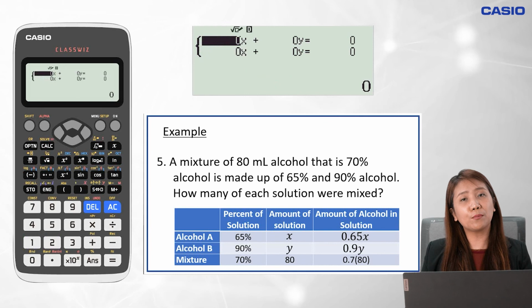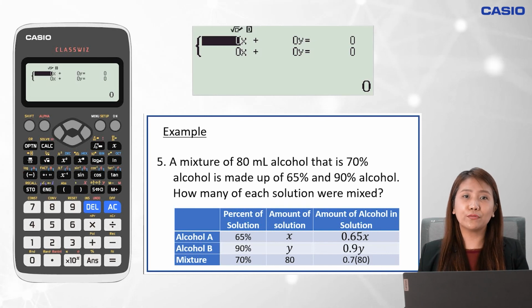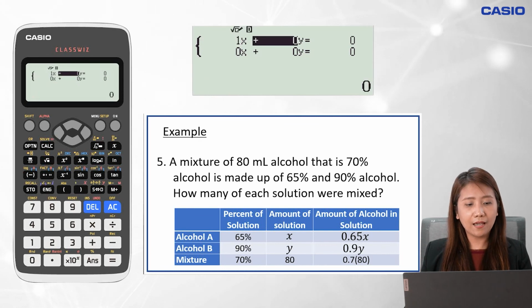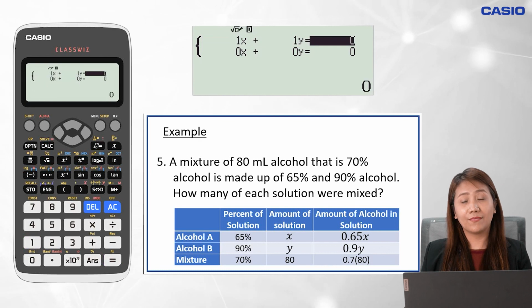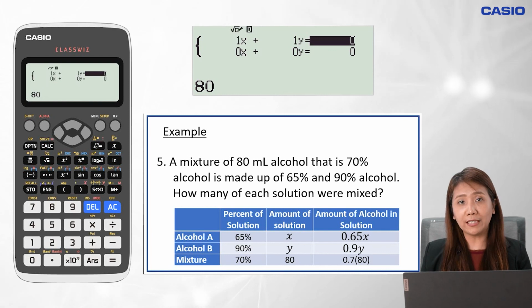Then, let's input the numerical coefficients and the constant term. Make sure that the equations are in standard form, which in this case they are. For the first equation, we input 1 and 1 and 80. Take note that you have to key in equal sign after every input.